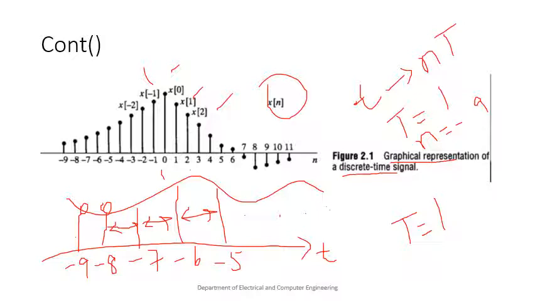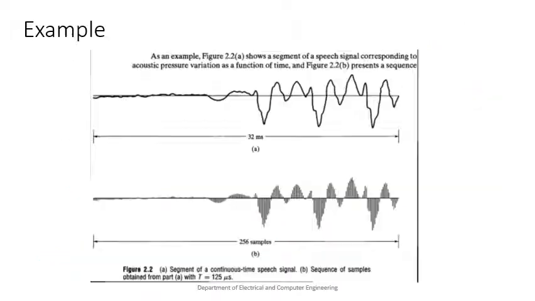So let's move on to the next slide. This example shows a segment of a speech signal, of 32 milliseconds duration. The segment of speech signal corresponds to acoustic pressure variation, so this is variation in pressure as a function of time.